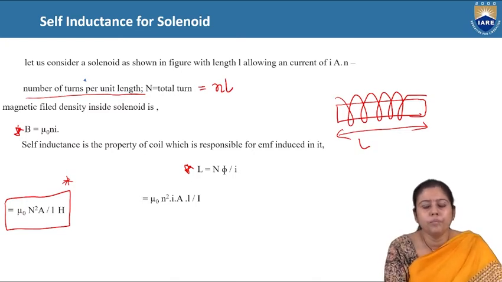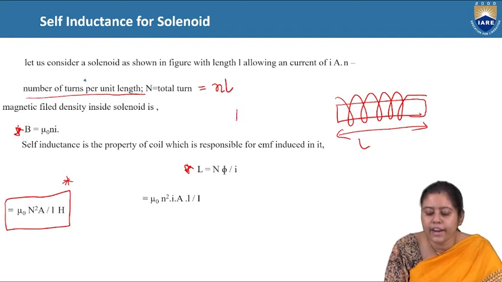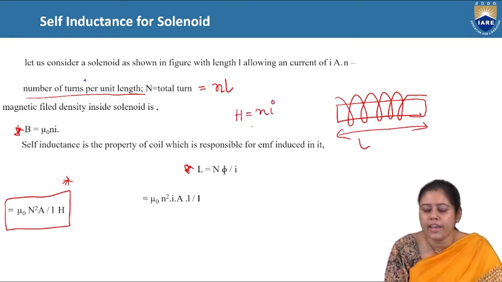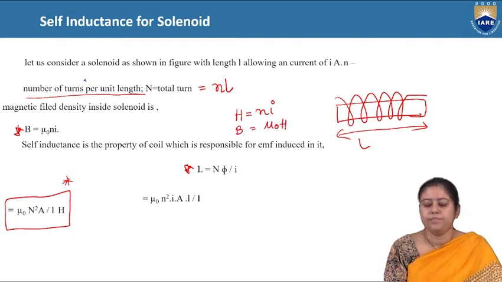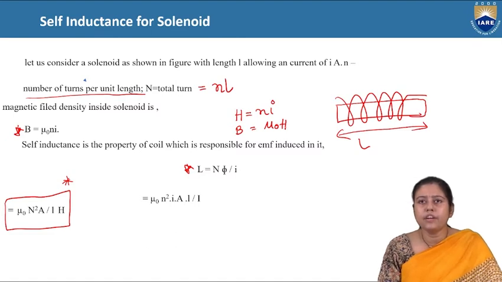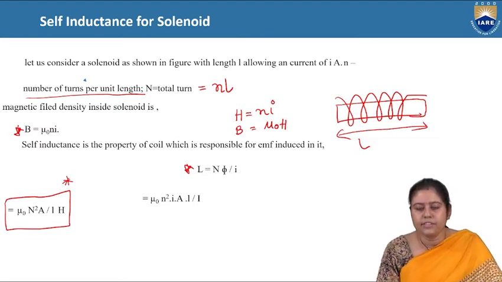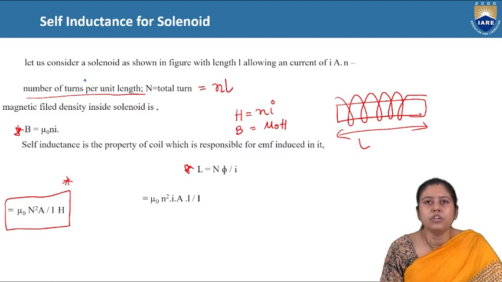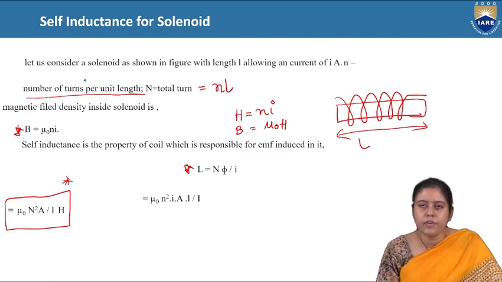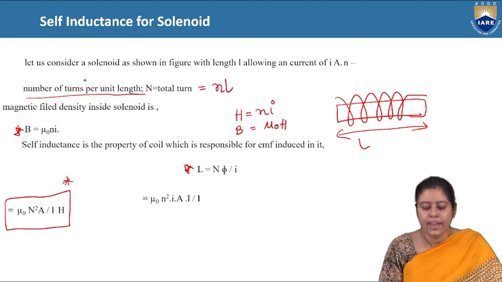B is equal to mu naught n I, or we can write H intensity is equal to n I, and B is equal to mu naught H. The second important formula is the inductance of any coil, L is equal to N phi by I, where N is the number of turns. And if we put the value, we get mu n square A l Henry.